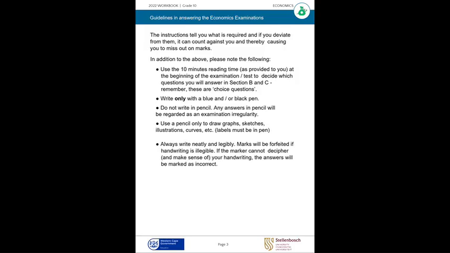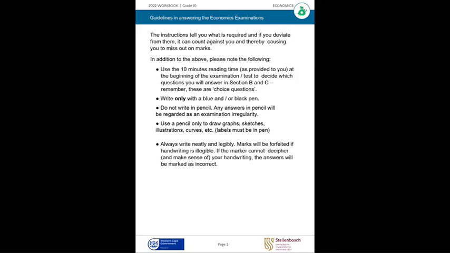So, the instructions tell you what is required. And this is very important because several times students do not read the instructions given at the start of the exam. If you deviate from them, it can count against you, thereby causing you to miss out on marks. Okay?